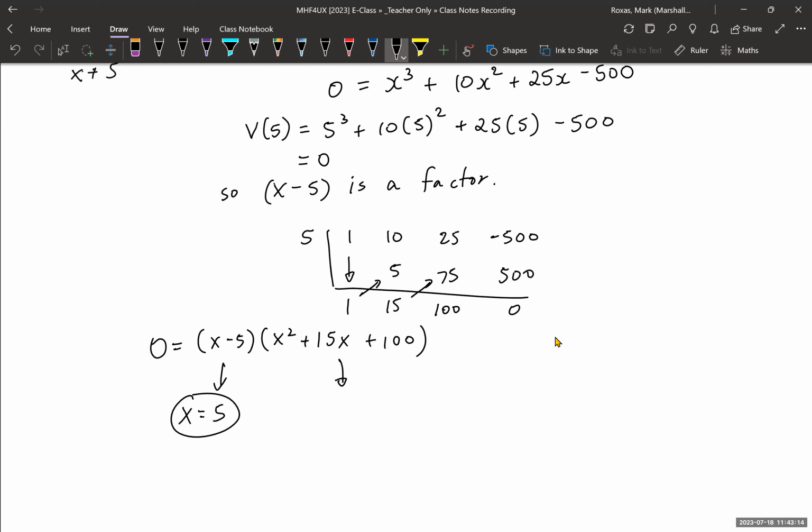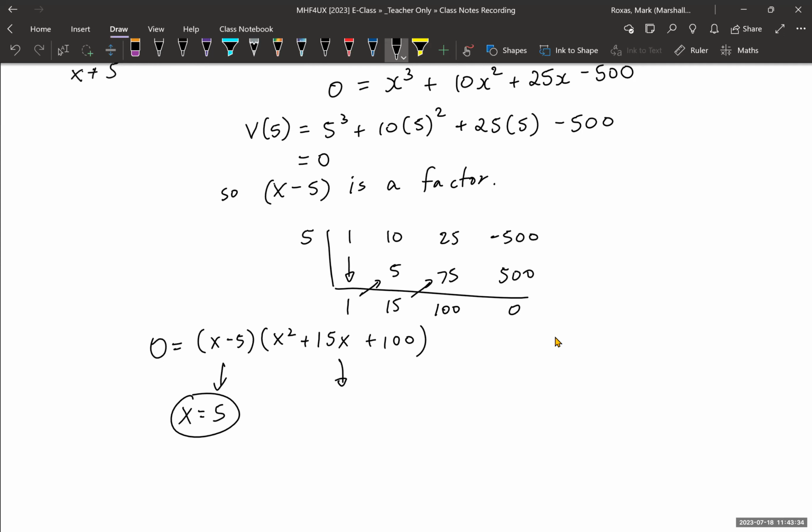Well, first of all, you can't further factor this. There are not two numbers that multiply to give you 100 and add up to 15 at the same time. So it doesn't factor nicely. But then you can ask, can I use the quadratic formula?